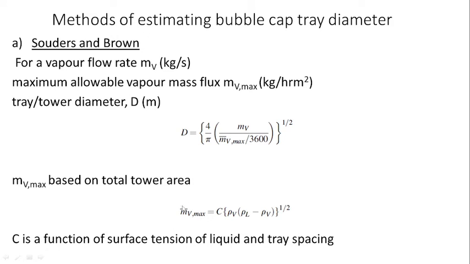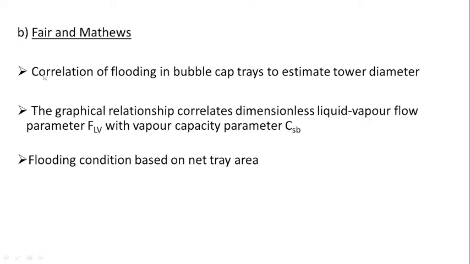After finding mv max from here, we will substitute it in this equation to obtain tower diameter, and this mv max is based on the total tower area. This mv max is vapor mass flux. The second one is Fair and Matthews.